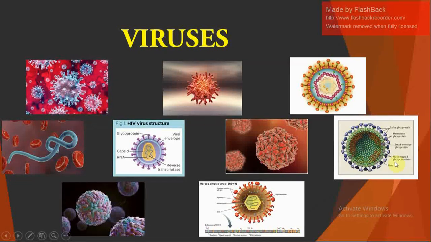Okay, this photograph is of SARS virus. This photograph is of dengue virus, and the last one is herpes simplex virus, HSV. You might have studied these in the lower classes, referred to as herpes simplex virus.